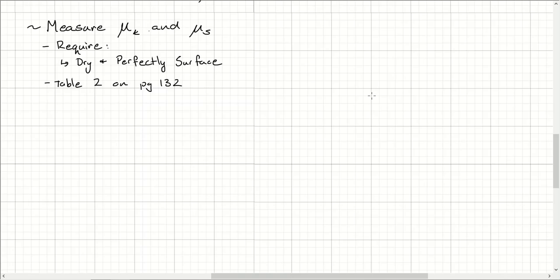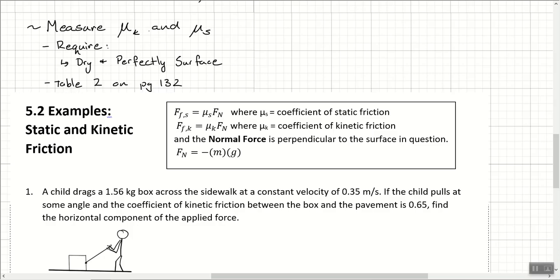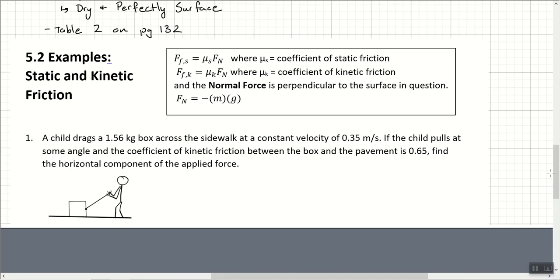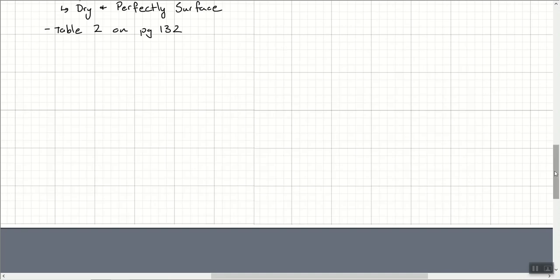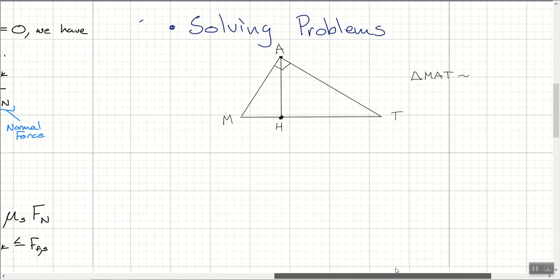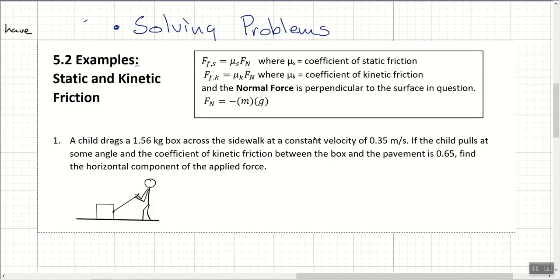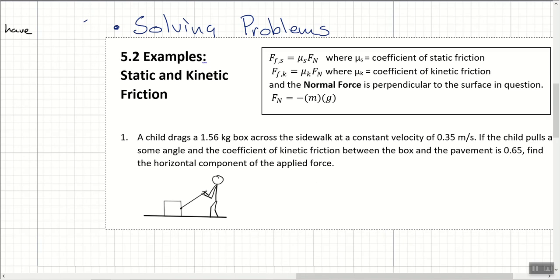You guys should have, or if not, if somebody would please pass out the worksheet for today, it should look something like this. And this is the first problem on here. And I'm actually going to undo that and put it up on top so that it looks a little bit nicer in the notes, where our entire focus today is going to be on just solving some problems.